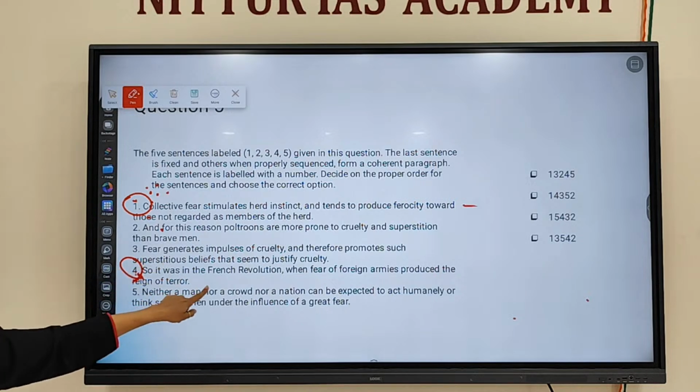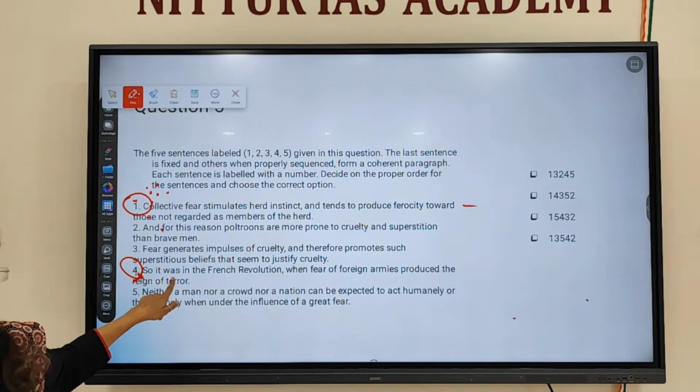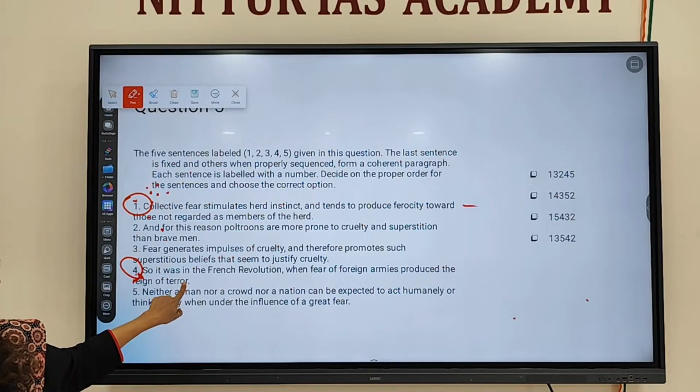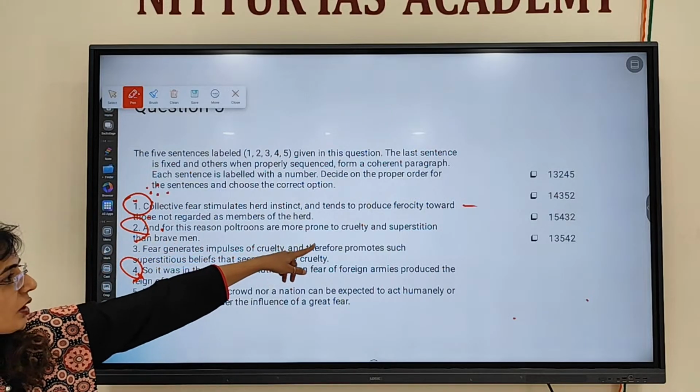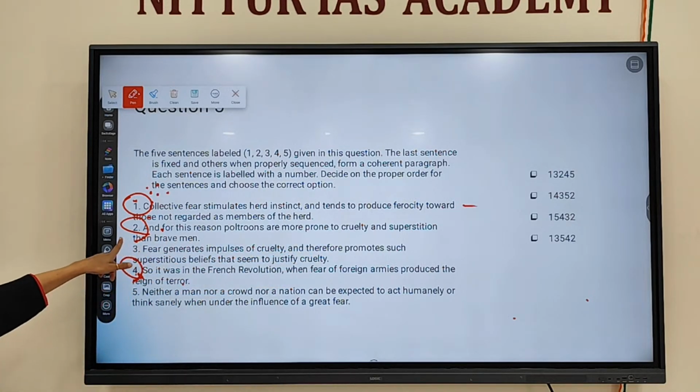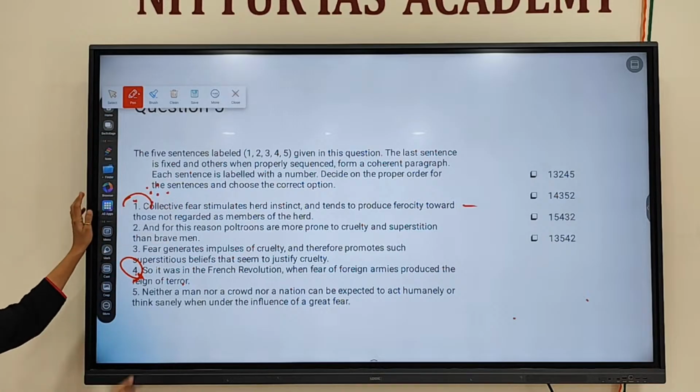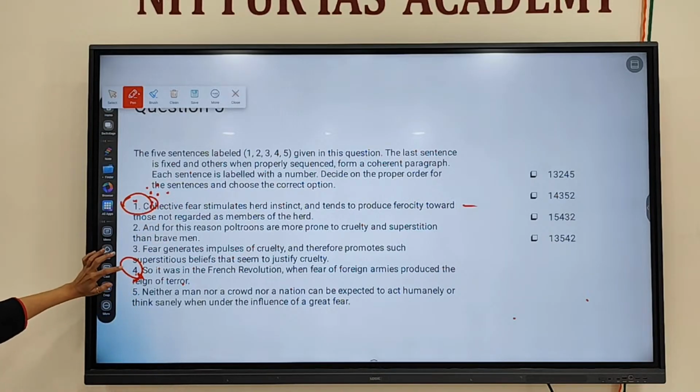So it was in the French Revolution when fear of foreign armies produced the reign of terror. And then I must say, and for this reason, when we are mentioning cruelty and superstitions, okay? No, this will not stand. Sorry. First, I'm talking about collective fear, and then I'm saying it was during the time of the French Revolution when fear of foreign armies was there and it produced the reign of terror.